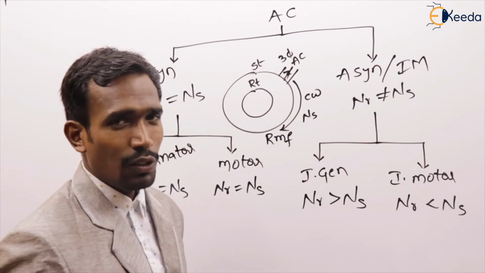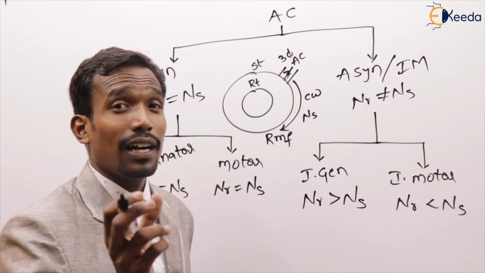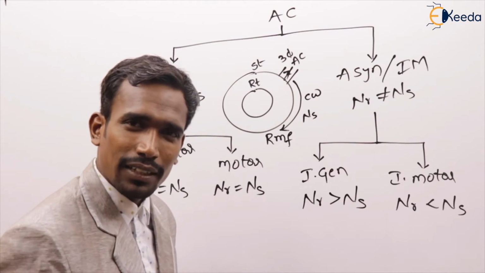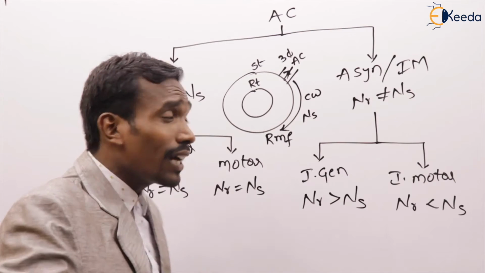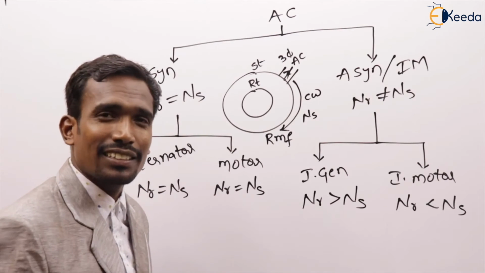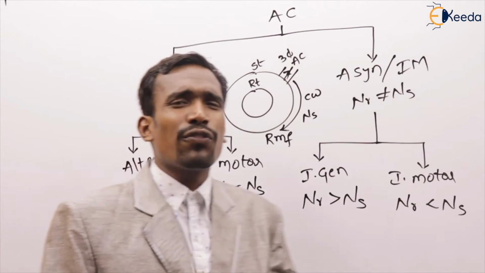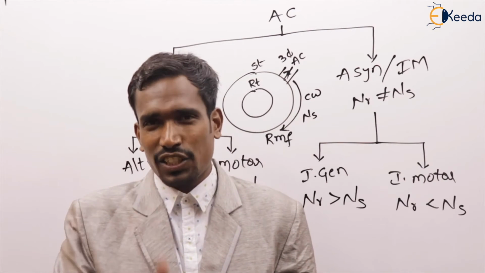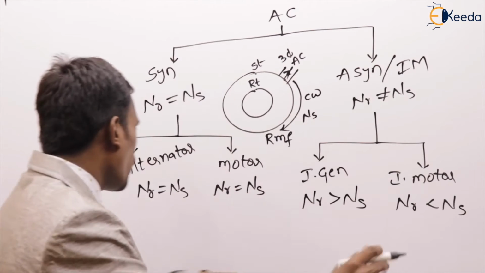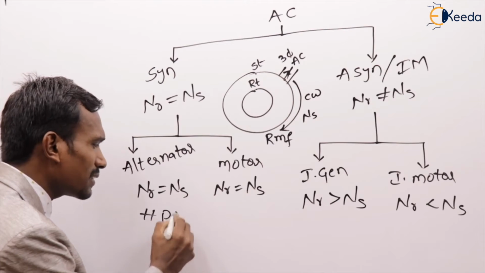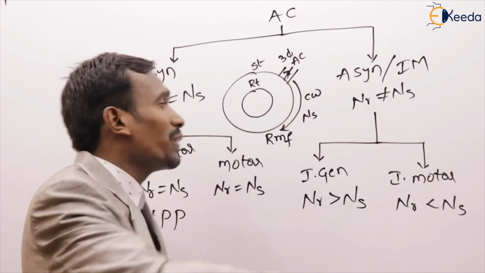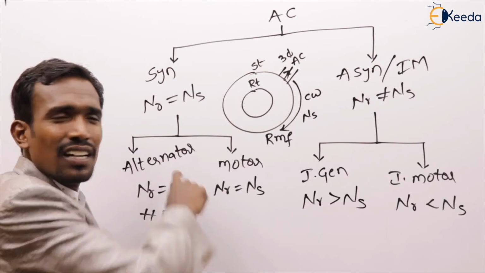Okay. Very important. What are the applications of synchronous generators? Can you tell me? Nothing but alternators. Yes, nowadays in every power system generating station, we have alternators only. Wherever you go, for example, hydro power plants, the turbines are connected to a generator, which is called an alternator.